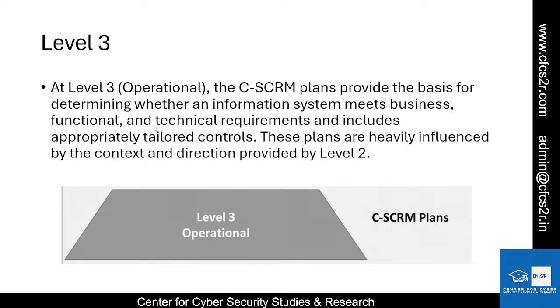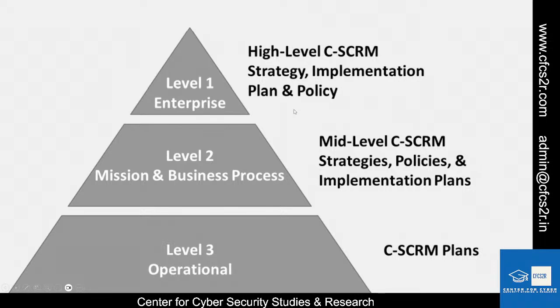So we are just talking on level three, that whenever we are facing issues at level three, we can always have a look back mechanism so that we can contact the people at level one and level two. So in this way, at level one, we have a high level SCRM, basically the top notch strategy, implementation plan, and policies.